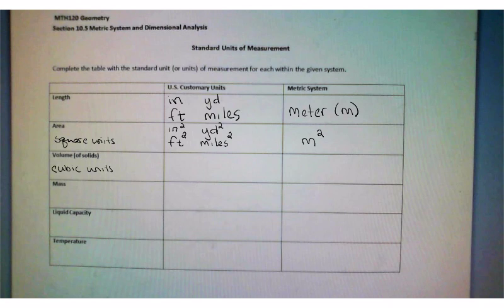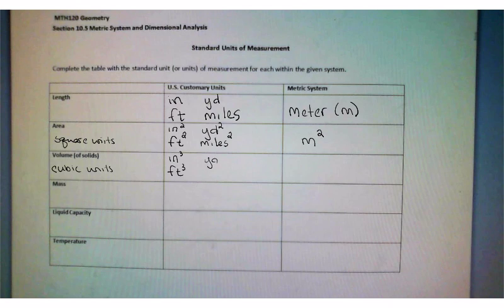So, looking at your room, if we measure the three dimensions in feet, the length, the width, as well as the height, then the cubes that we would be concerned with would be foot by foot by foot cubes, or cubic feet. If we were measuring something smaller, say a jewelry box, then we might measure the three dimensions in inches, and we'd be talking about inch by inch by inch cubes, or cubic inches.